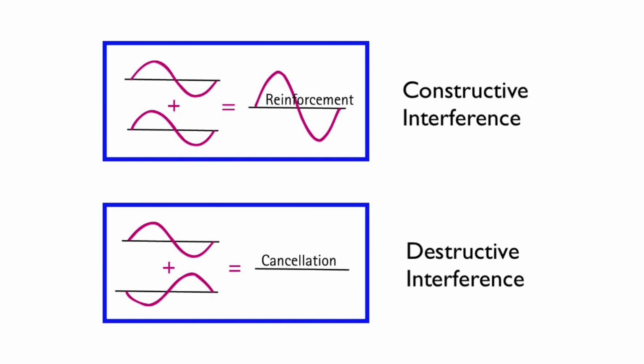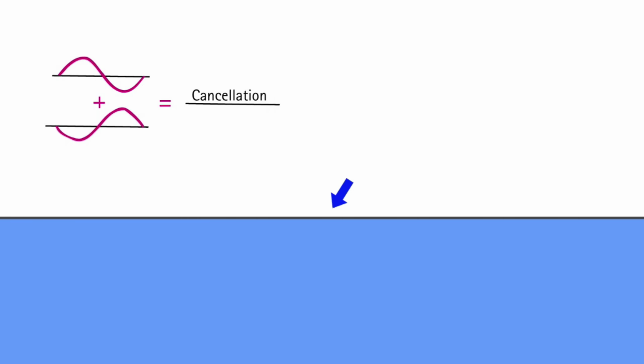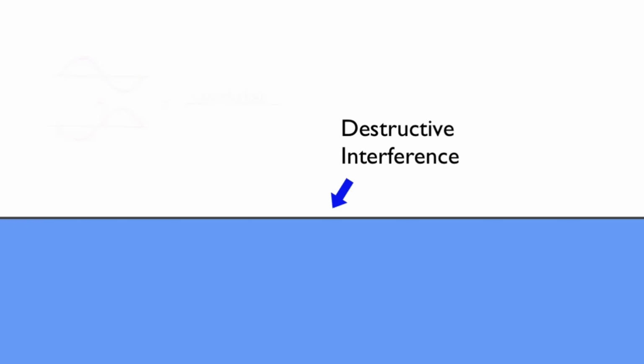Here's a moment when two highs overlap. This results in a combined high that's much higher. This is constructive interference. Now, here's a moment where all the highs are perfectly overlapping all the lows. We see a cancellation of the wave amplitudes. This is a moment of destructive interference. If you took a snapshot photo, you might think that nothing is happening.